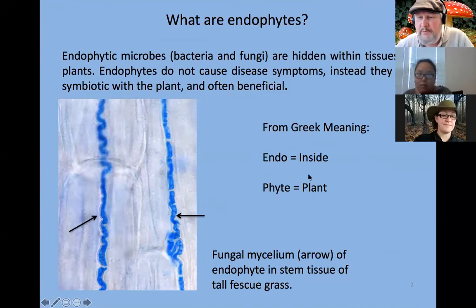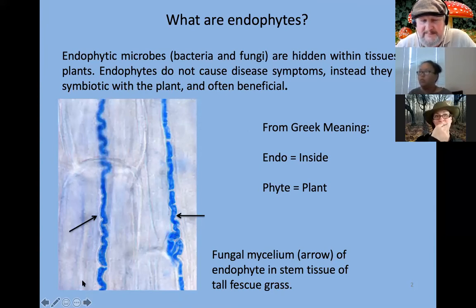Basically, these are microbes that go into plant tissues. They can be fungi, bacteria, or algae, but mostly we're talking about fungi and bacteria. In fact, bacterial endophytes are extremely common, more common than fungal endophytes.